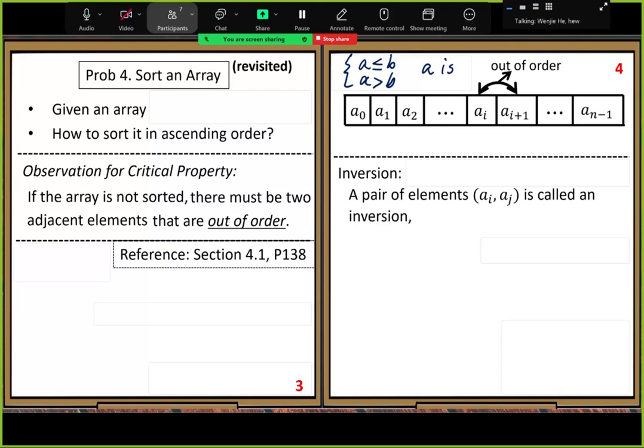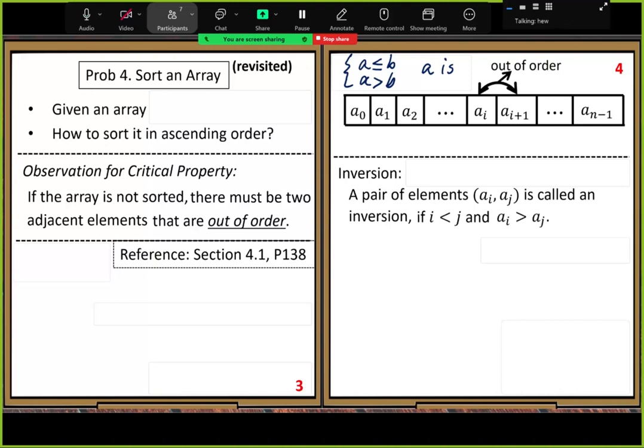Inversion concept. So what's the inversion? For a pair of elements in the given array, you select arbitrary two elements from the array, A sub i and A sub j. If this pair is called an inversion, then we need to check the condition.